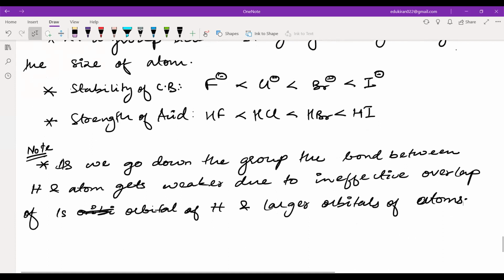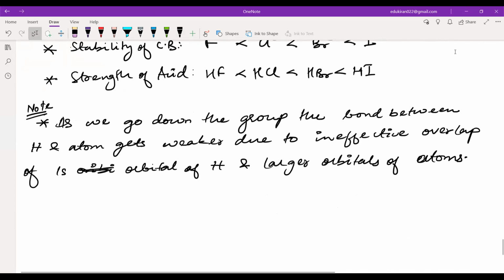Because as we go from fluorine, second period, so it is combining with 1s and 2p. If I look at HCl, then 1s and 3p. So as the lobes become larger, there is ineffective overlap. Okay, the overlap is not effective, and hence the bonds become weaker.